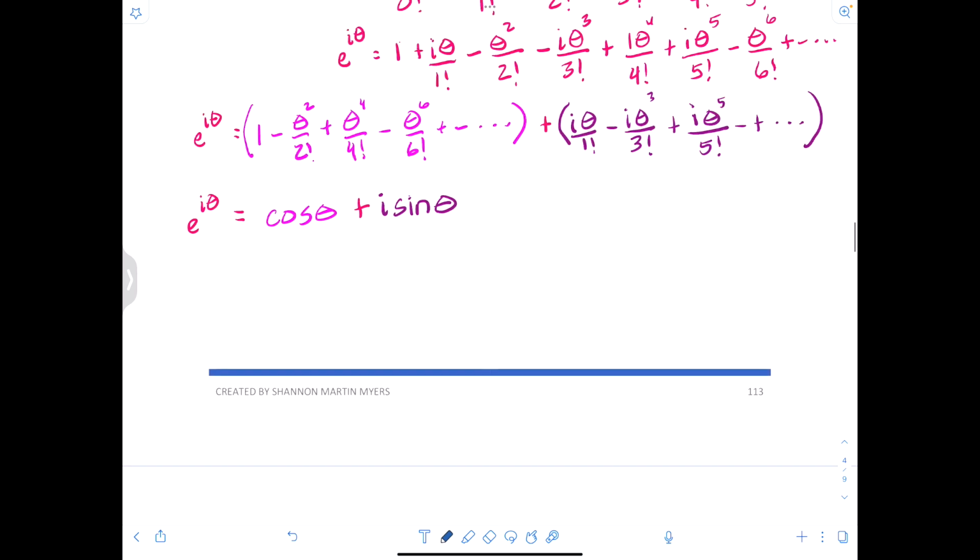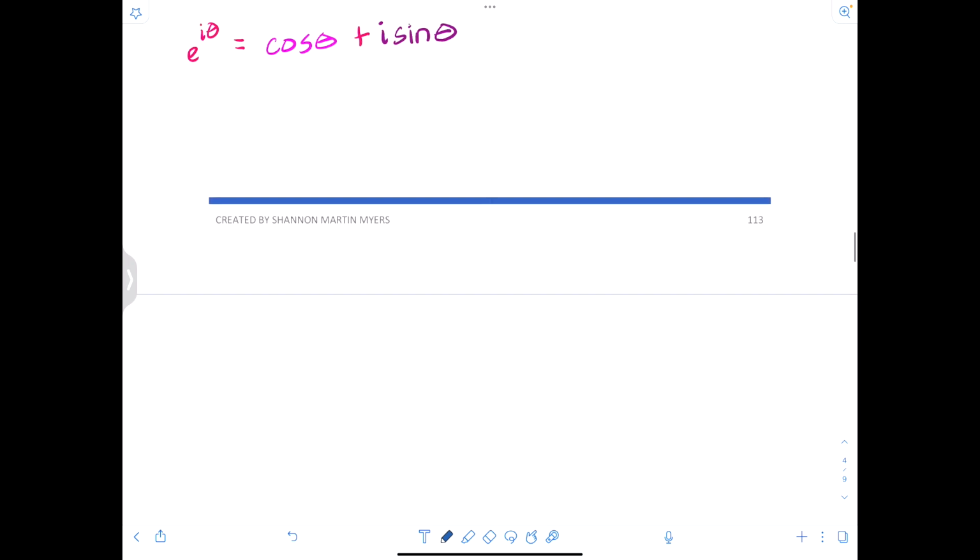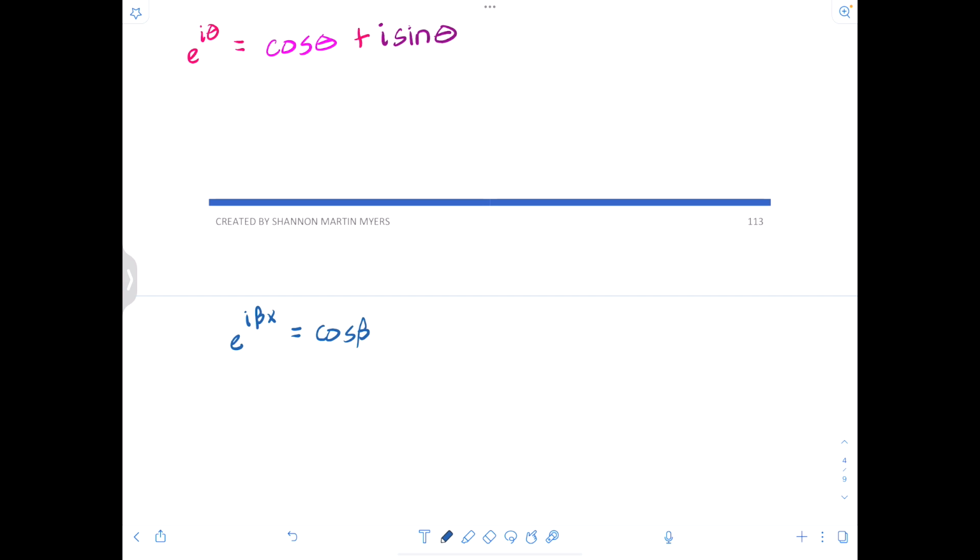So we can take e to the i times beta x. That's going to equal cosine beta x plus i sine beta x.